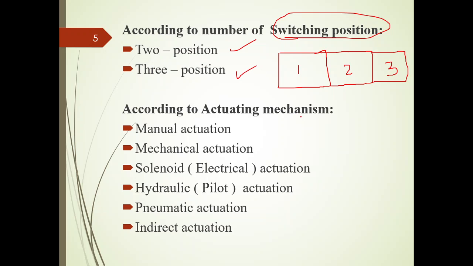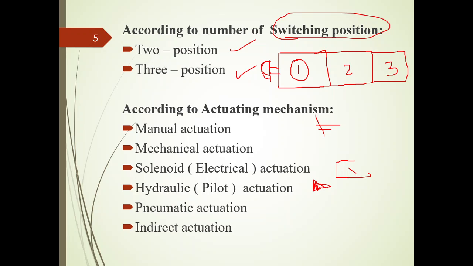So based on the switching positions, they are classified as two position as well as three position DCVs. In order to actuate these switching positions, I may have a mechanism called the actuating mechanism. This may be a push button, a mechanical lever, a solenoid, or a hydraulic pilot.